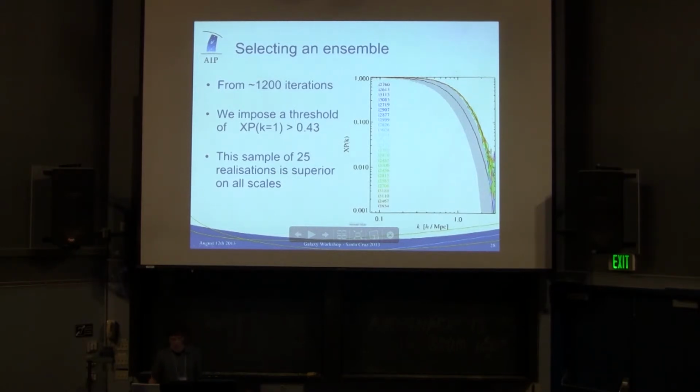n-body. This is the galaxy overdensity field, so the galaxies weighted with the inverse of the selection function, and we correlated it with the solution of the perturbation theory density field. So we take those phases.